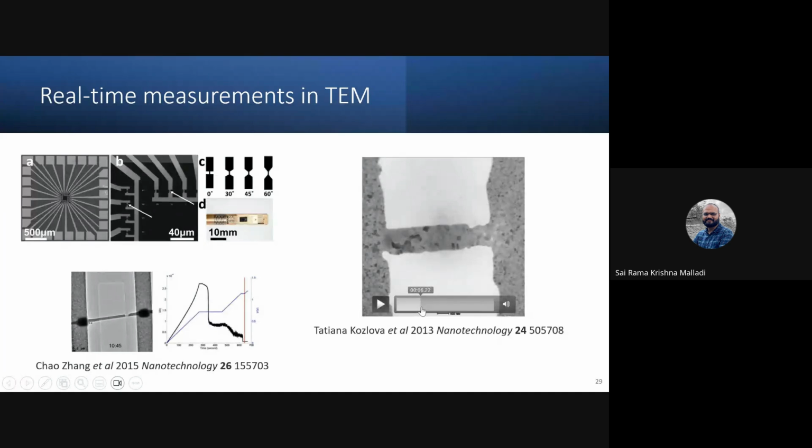If you see, when an electrical signal is passed, you have this, and you see that the bridges that are formed are filled back again by reversing the bias. So you can do these kind of real-time experiments with TEM nowadays.